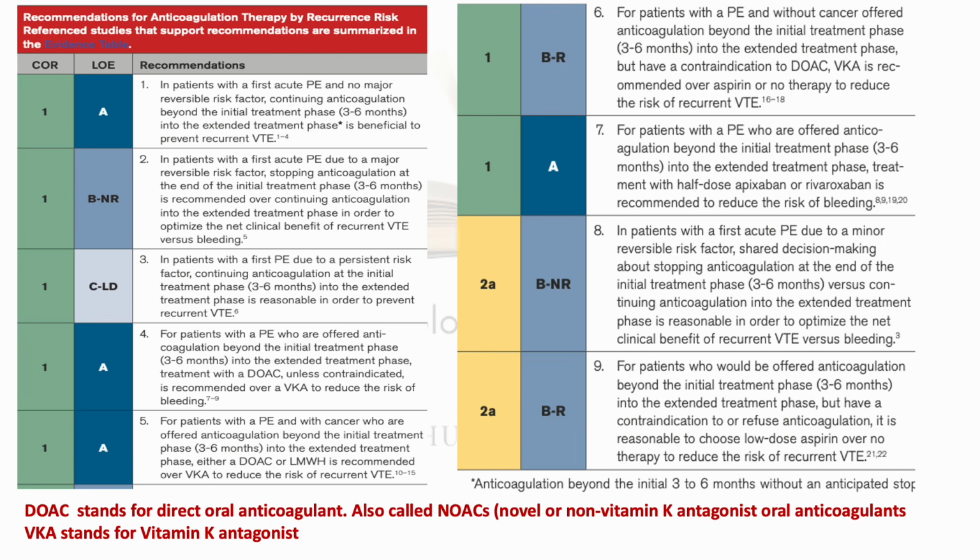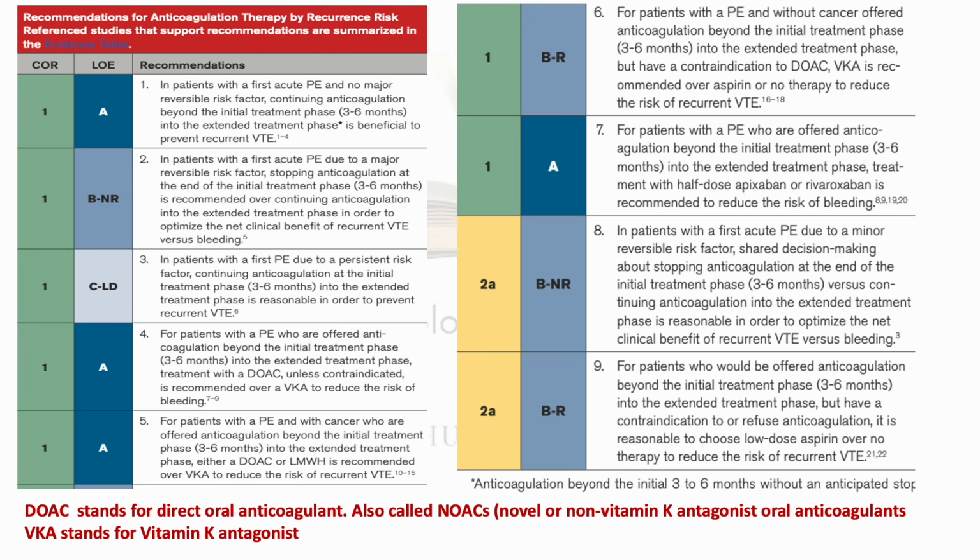And for patients with PE who are offered anticoagulation into the extended phase, you can actually give them half dose of apixaban or rivaroxaban in the extended phase to reduce bleeding. Now, the grade 2 recommendation is that if the patient had first PE because of a minor reversible risk factor, you can take a shared decision about stopping the anticoagulation at the end of the initial treatment versus continuing it.